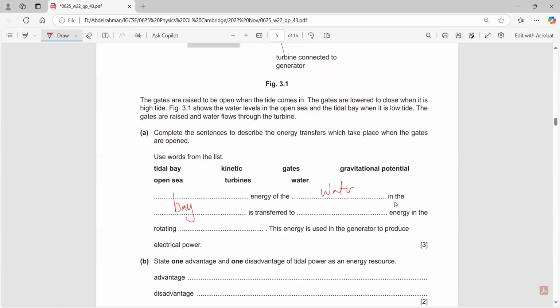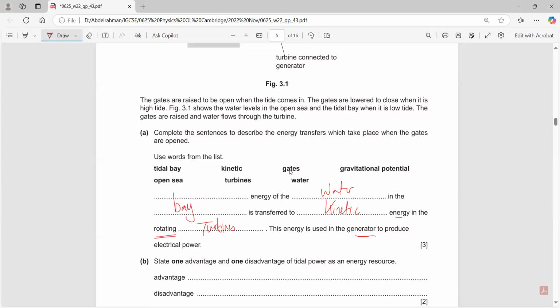In the bay. Water in the bay is transferred to what type of energy in the rotating? It's the kinetic energy. In the rotating what? Rotating turbines, which are used to rotate the generator.